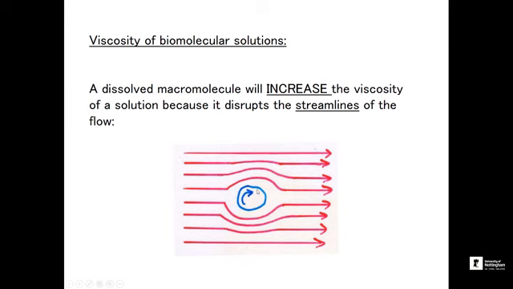And what happens is you put a molecule in there, it tumbles because of this shear effect. And that results in a dissipation of energy and an increase in viscosity of the solution. That's what Einstein's calculation was basically. It was a measure of the increase in energy caused by dissolving a spherical particle in the solution and then relating that to the dimensions of the particle.